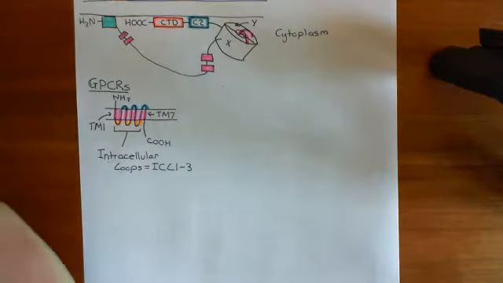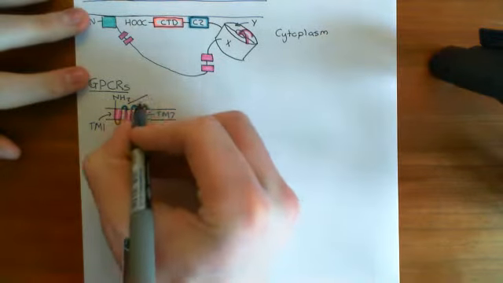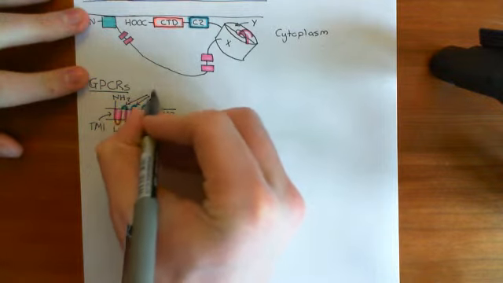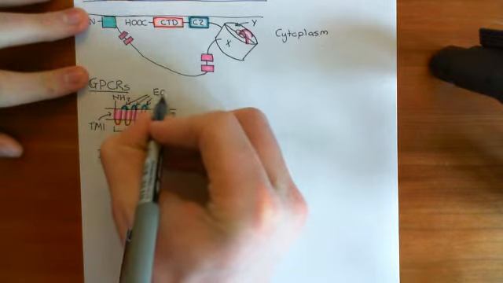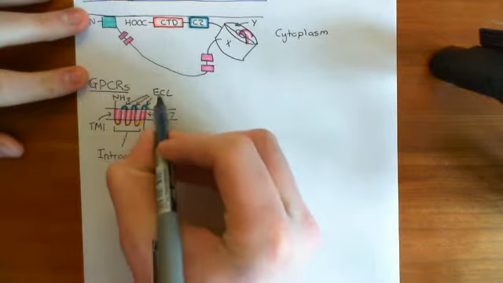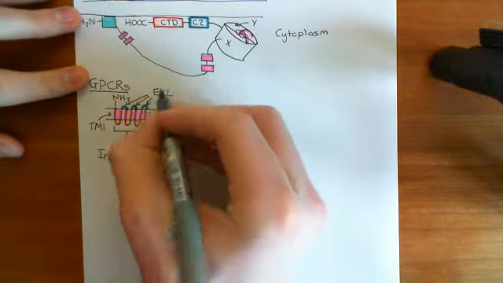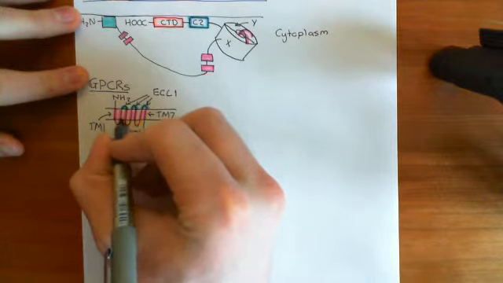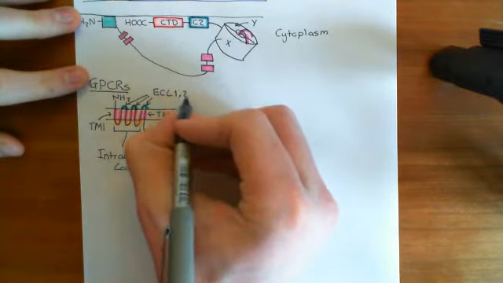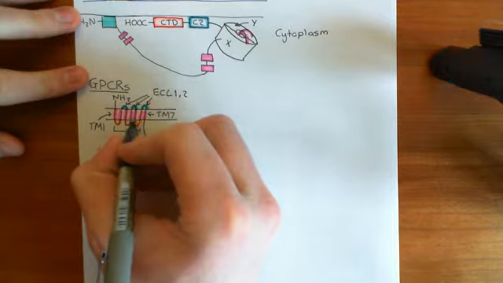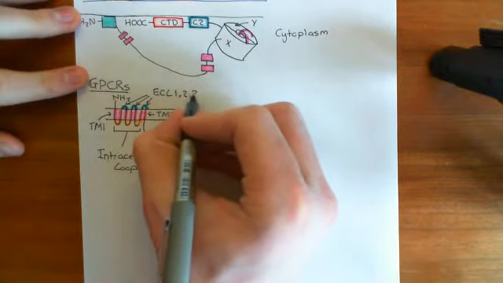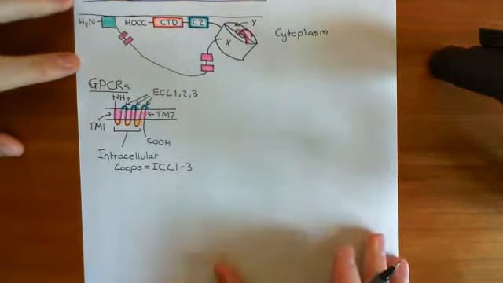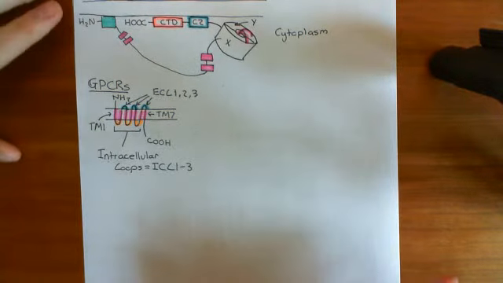Here we have 3 extracellular loops, abbreviated to ECL, so E for extra, C for cellular, L for loop. The first extracellular loop is between TM2 and TM3, the second between TM4 and TM5, and finally the third between TM6 and TM7.